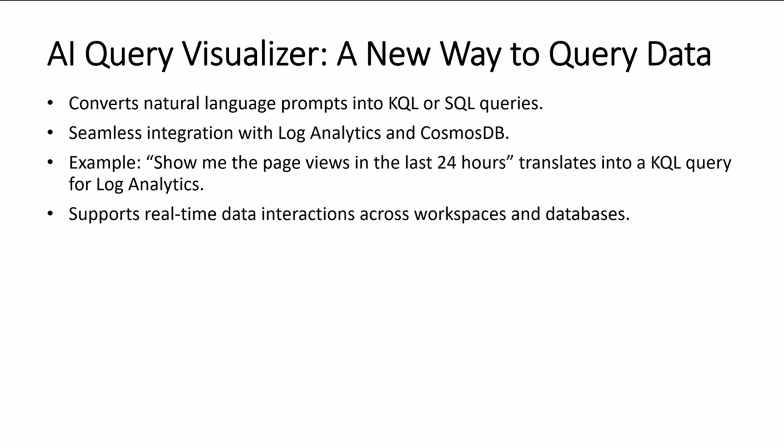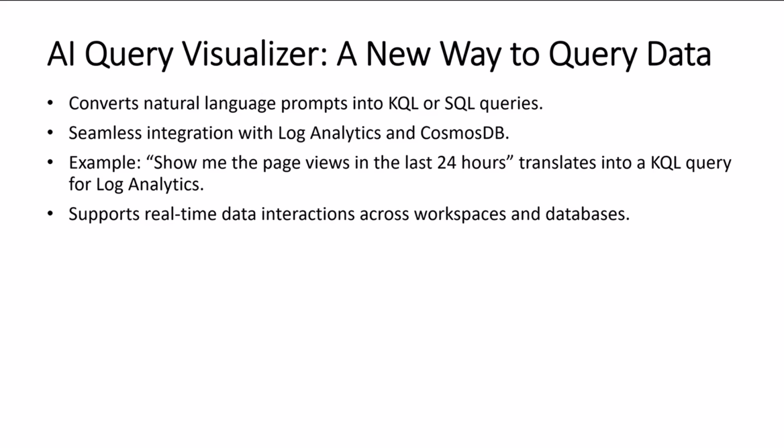If you have to write this query, you have to specify the table name, follow the KQL syntax, the where clause and the aggregate function. There may be some errors, and you have to either remember or copy the syntax of the date time and all those things. But today we're going to see that, naturally speaking, show me the page views in the last 24 hours, it's going to generate that query, and we're going to run it and return the data.